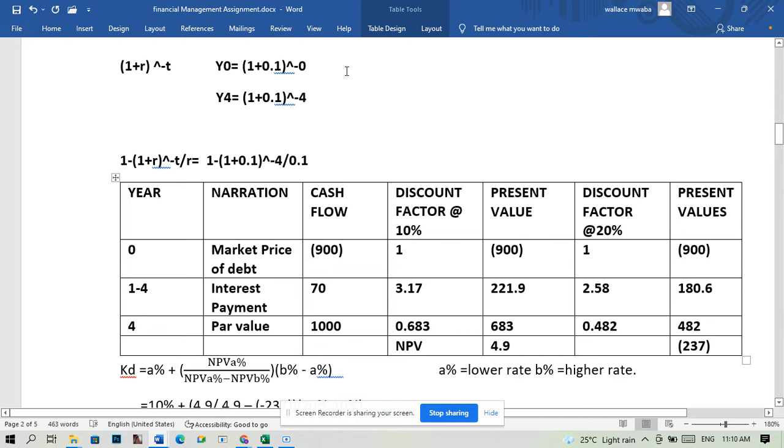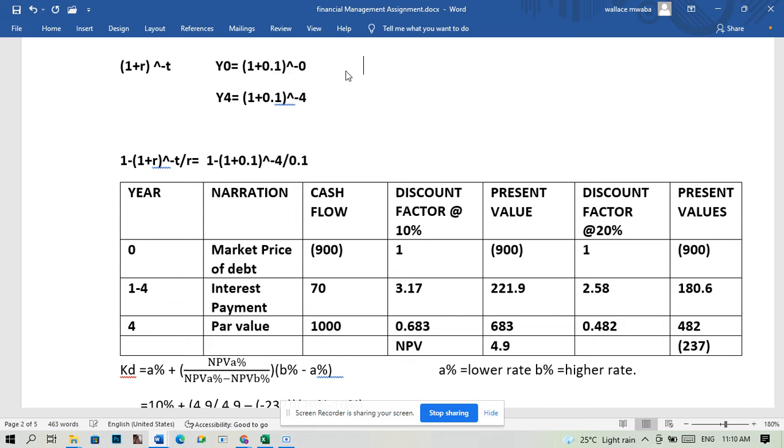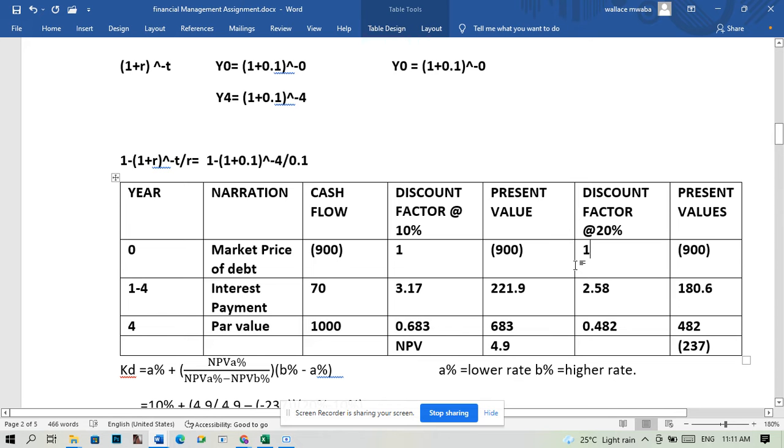So with our new discount factor, 20%, we're going to say year 0 is going to equal 1 plus 0.1 to the power negative 0, so it gives us 1.